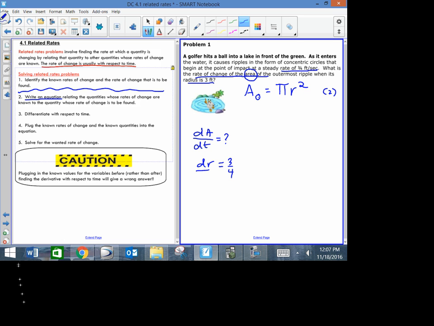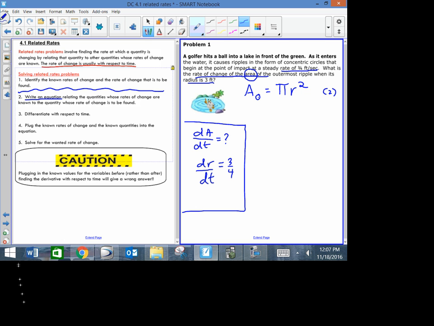dr/dt. Okay. Now another thing I use for figuring out, because sometimes it is hard to figure out what is what, I look at the units. If this is not feet squared per second, it's not a rate of area changing, right? So pay attention to the units, they'll help you. What else do we know besides these 3 things?